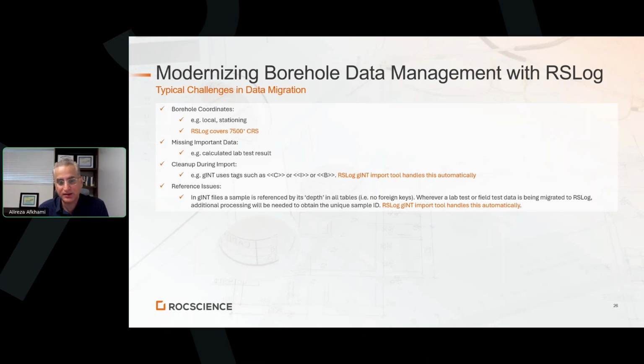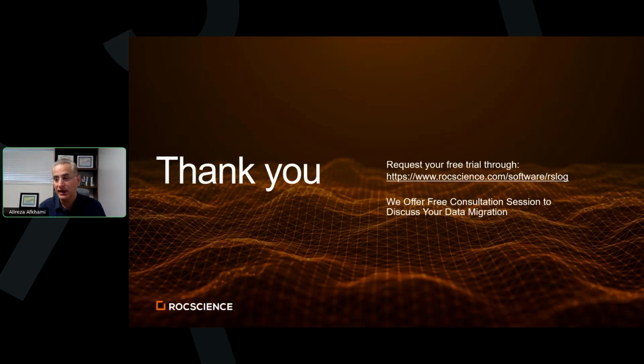In gINT, for example, there is no proper foreign key, primary key design for samples. It's just by a combination of borehole name and sample depth that you can track the sample in lab test results tables. The RSLog gINT import tool will automatically take care of these things. But if you're doing it manually with an API, then it will definitely need more attention from you.